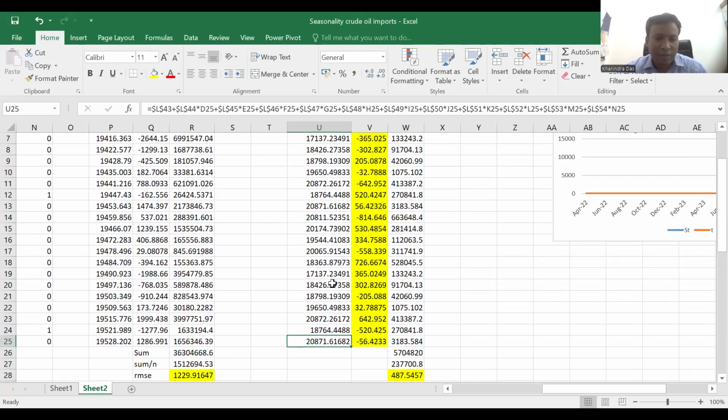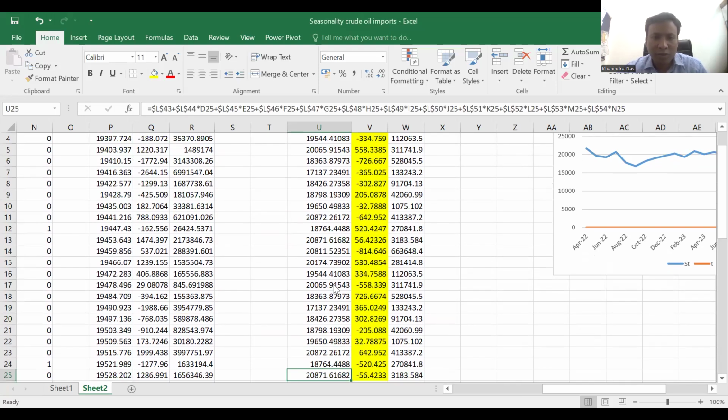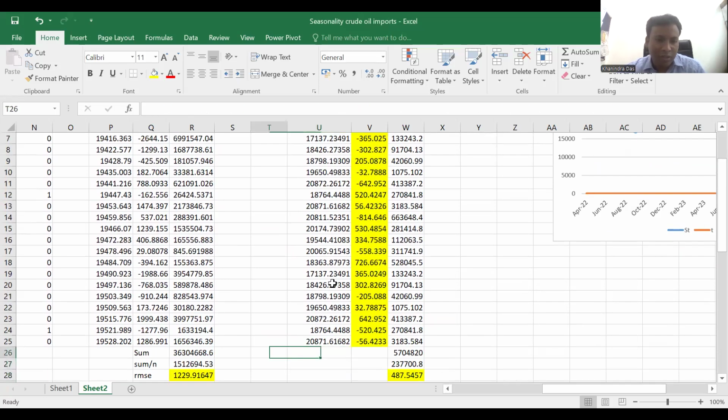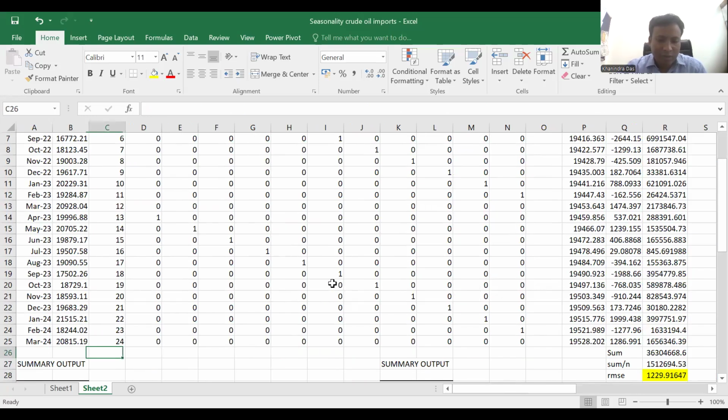And suppose you have the month of April 24, that is out of sample, how will you get that forecast? You will need to have the inputs ready.